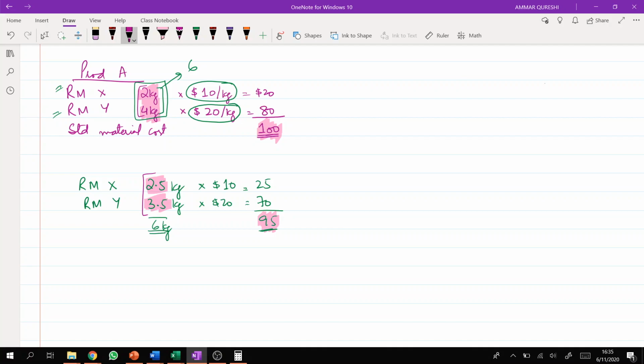So how much saving you are making by changing the proportion of mix of raw material, or how much extra money you are spending if you have changed the proportion of raw material. That's basically the concept of mix variance.